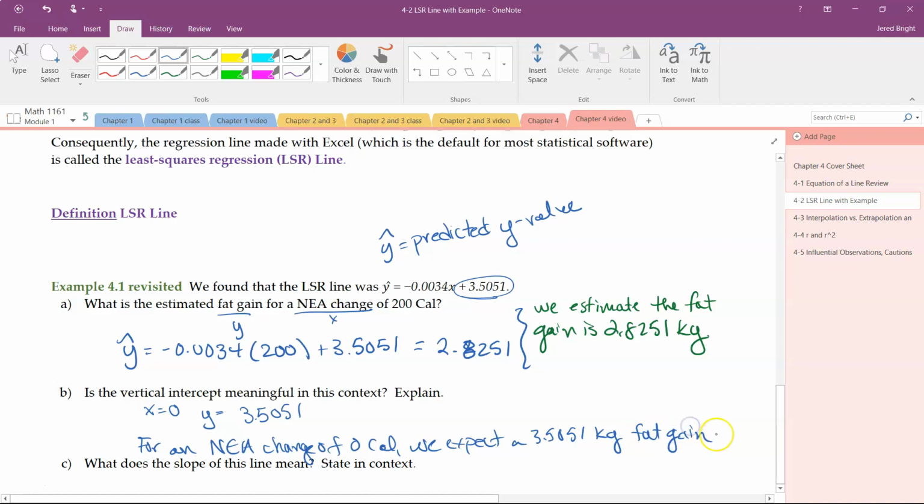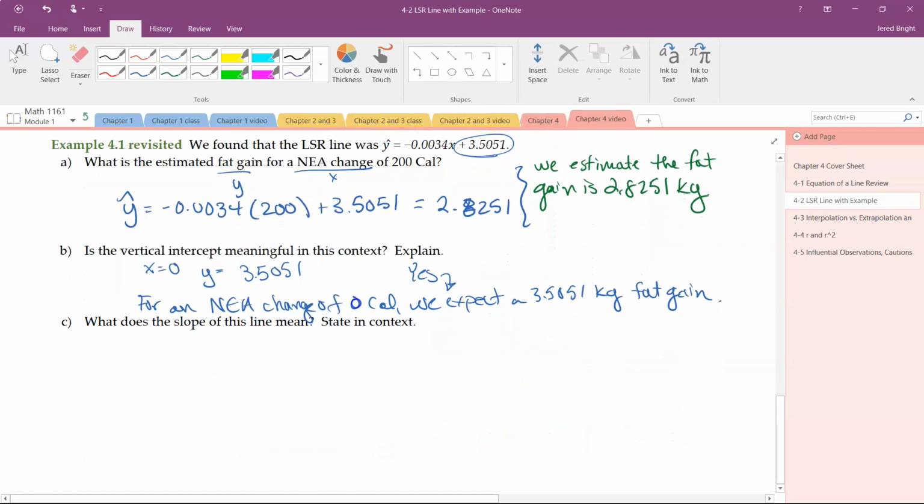And then when we write that out, we want to say, does that make sense? So if we don't fidget at all, could we expect a gain of 3.5 pounds? Yeah, this is meaningful. So I'm going to say yes. And then interpret it, and then I could go on and explain it if I want. I'm not going to for time purposes.